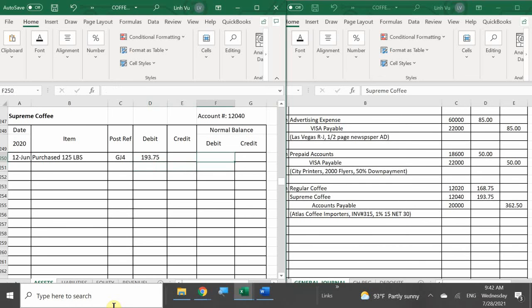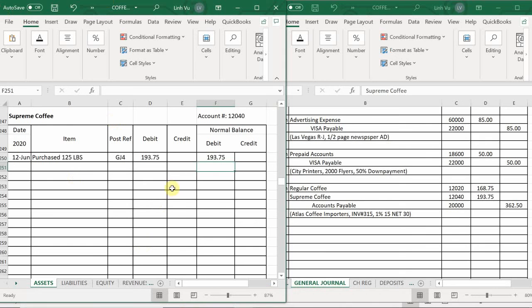That is going to become my beginning balance in my Supreme Coffee account. So here we update our coffee inventory accounts.